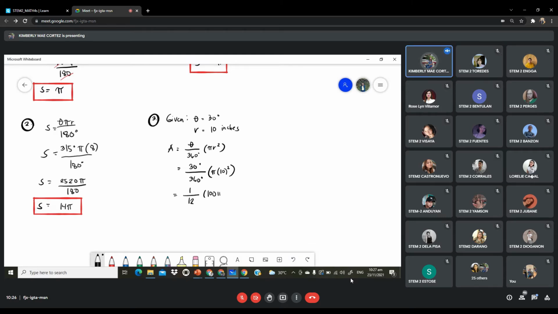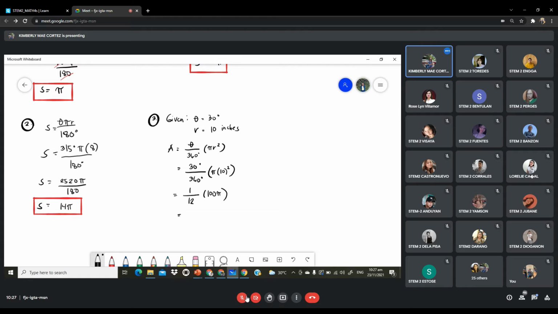So, copy pi. So we have 100 pi over 12, or 25 pi over 3?